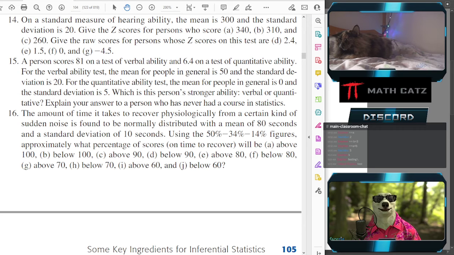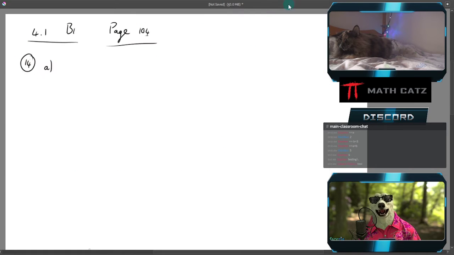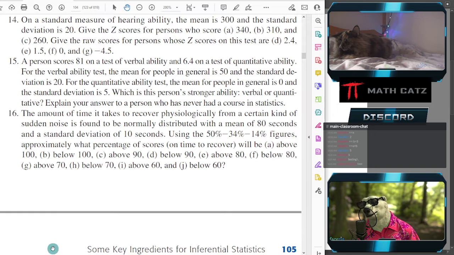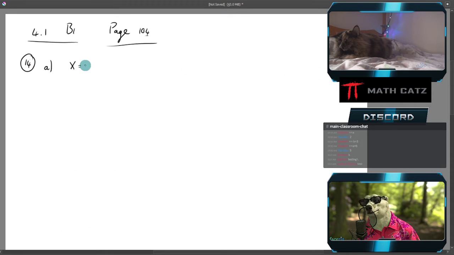So I have my mean of 320 and standard deviation of 20. And let's say my score is, I just saw it, 340. Then my corresponding z-score will be the raw score minus the mean over the standard deviation.